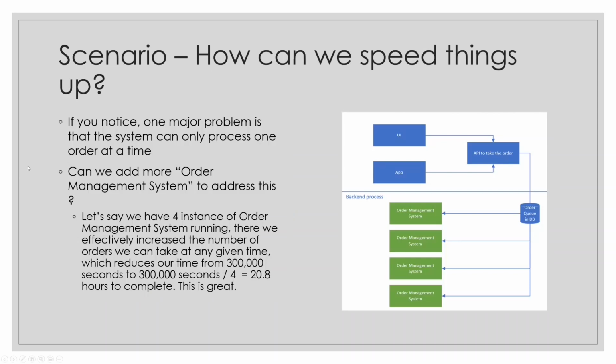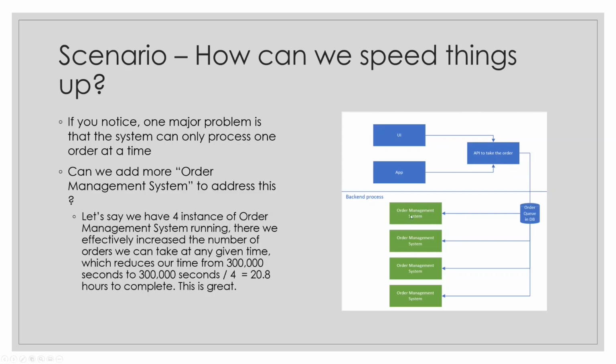Okay, so let's have a look at how we can speed things up. If you notice in the previous scenario that I've shown you, the major problem that we have is this order management system. It was only able to process one order at a time. So imagine if we introduce multiple instances of that same order management system.